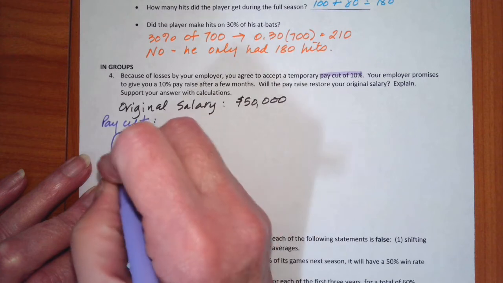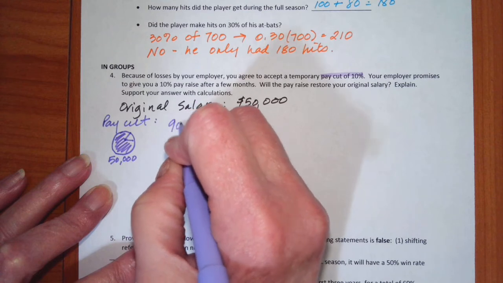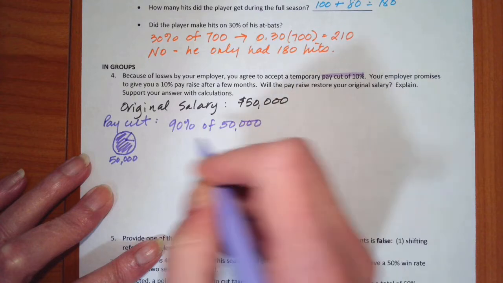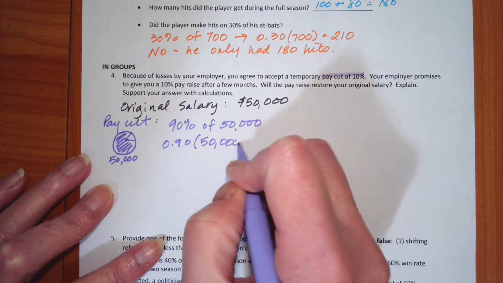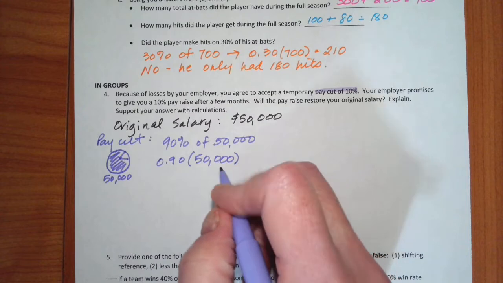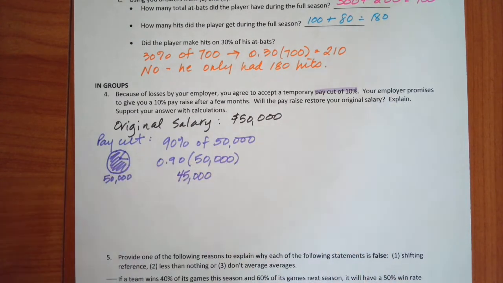And you take off 10%, which means for your pay cut, you get 90% of the 50,000, which is 0.90 times 50,000, which becomes 45,000. But now your reference value is shifting.